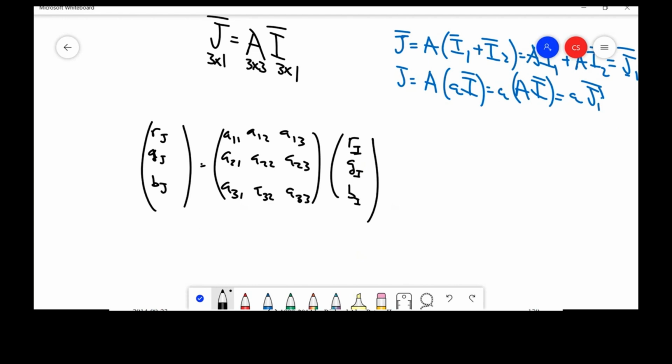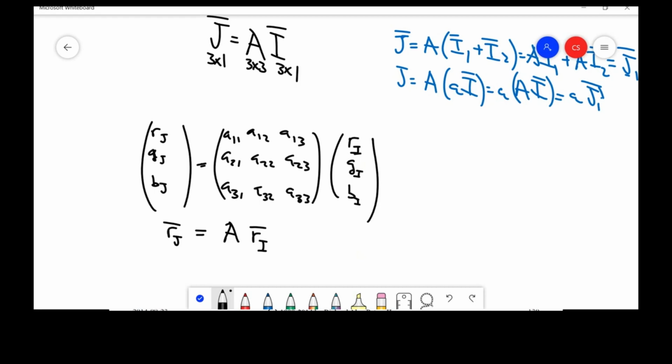Okay, so in general, this is an equation of this form. You have a color J, you have a matrix, and then you have this color I. In general, when we write equation systems in this way, which is our unknown?